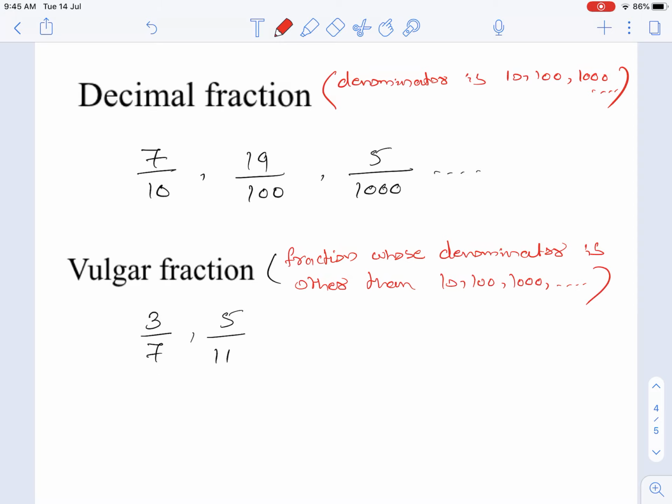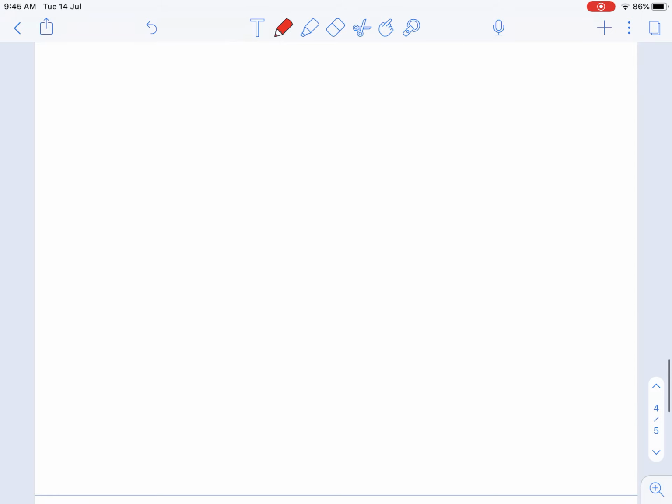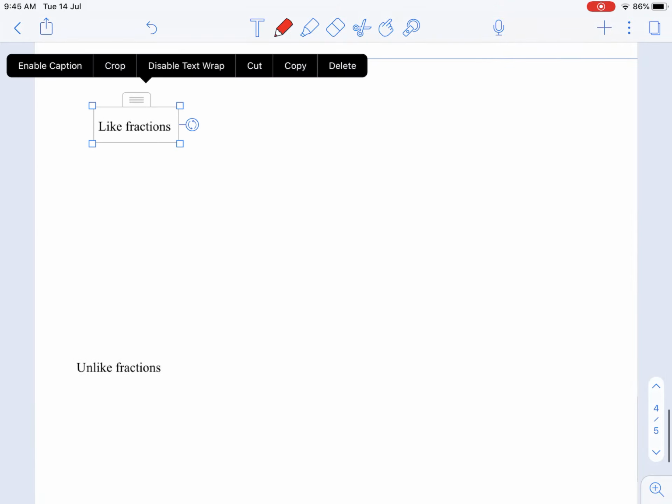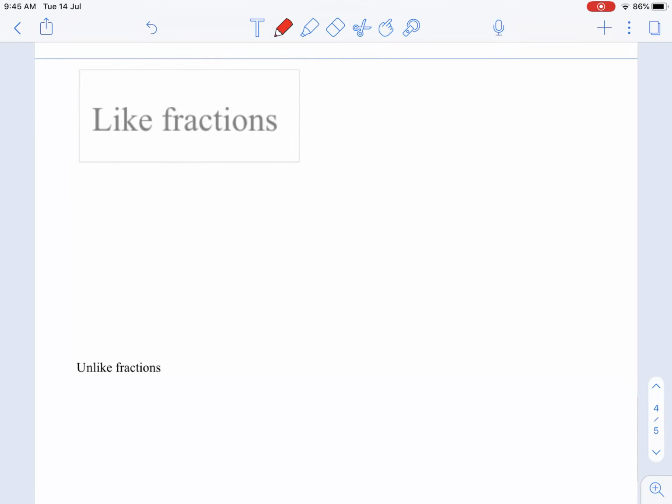Is it clear? Then our next type of fraction is like fraction. Like fractions are fractions which have the same denominator but different numerators. So what is the condition?